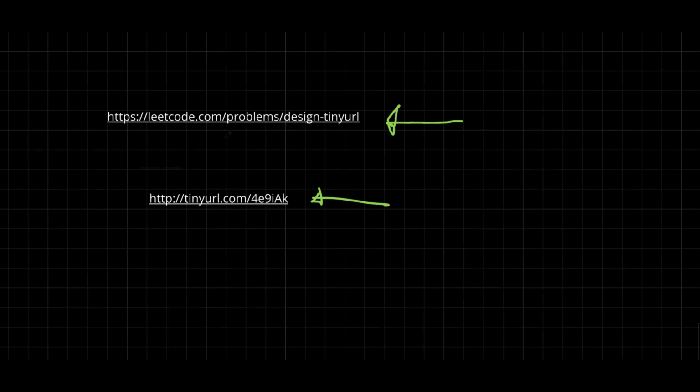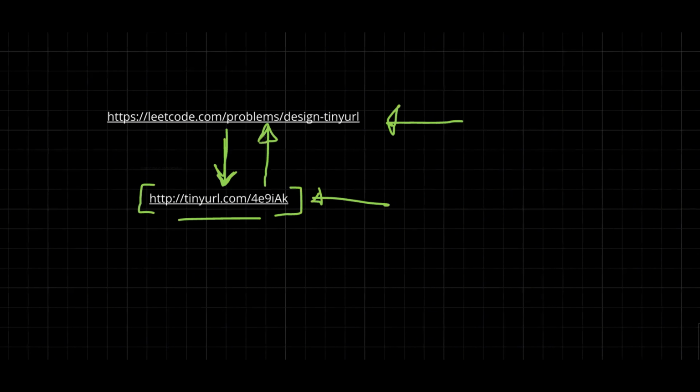This bottom URL is the shortened version of the top URL. So we can say that this is the encoded version of this URL. Similarly, if we decode this short URL, then we will find the original URL.